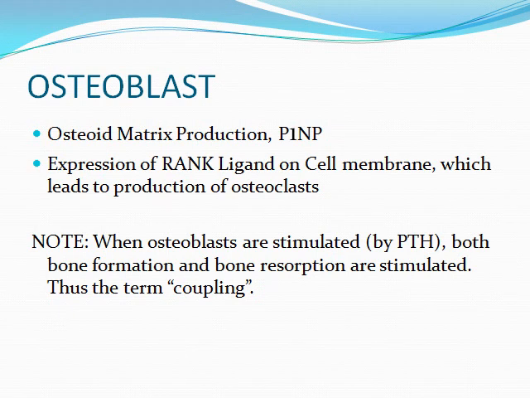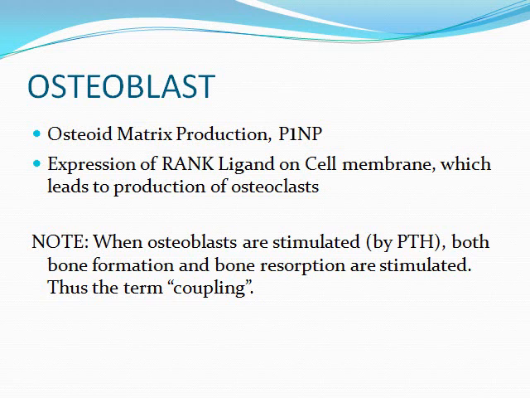Now, focusing on the osteoblast, it is the cell that produces matrix, osteoid matrix, which is the jello-like substance that is needed for calcium phosphate to precipitate in. And of course, P1NP is an indication of production of osteoid.